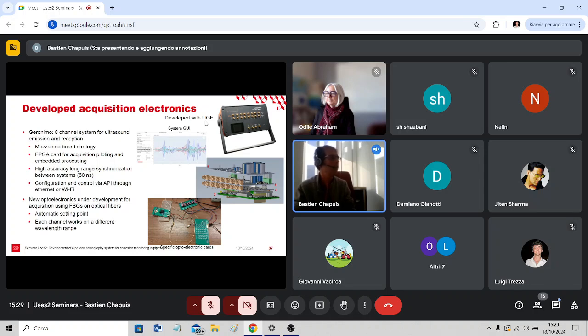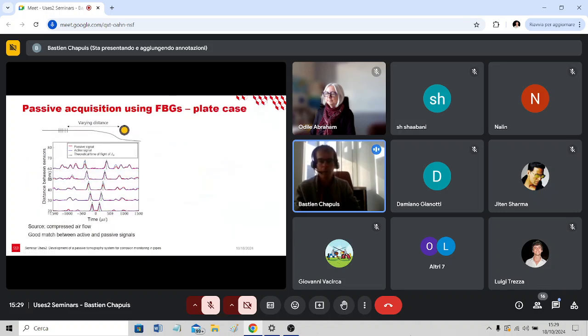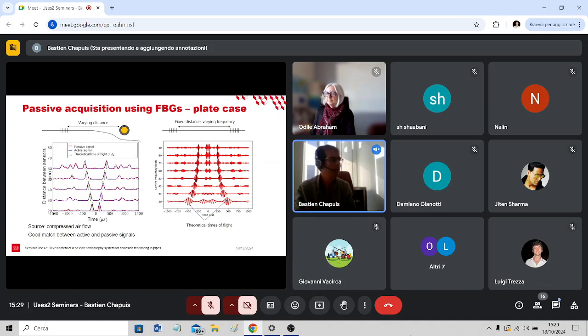We work with his team to develop a system called Geronimo, but this is specific to piezoelectric transducers. And we are currently trying to make the same type of system, but to interrogate optical fibers with embedded processing capabilities. Just to finish, if you give me a few more seconds, just to demonstrate that passive acquisition works well with FBGs.